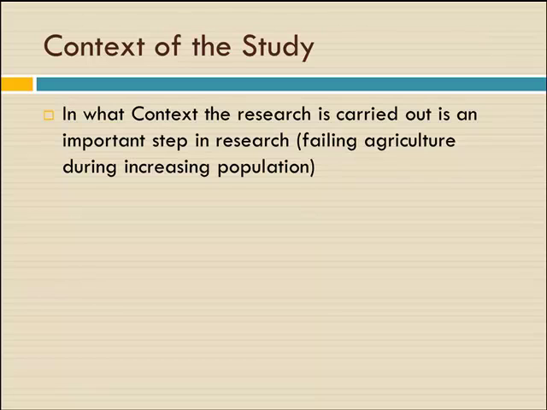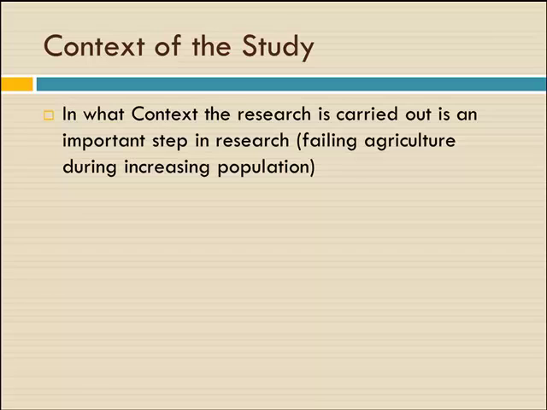For example, in global agriculture, agricultural production is declining. The population of many countries is increasing. So he has to state the context in which he is doing agriculture research, that is, failing agriculture during increasing population.